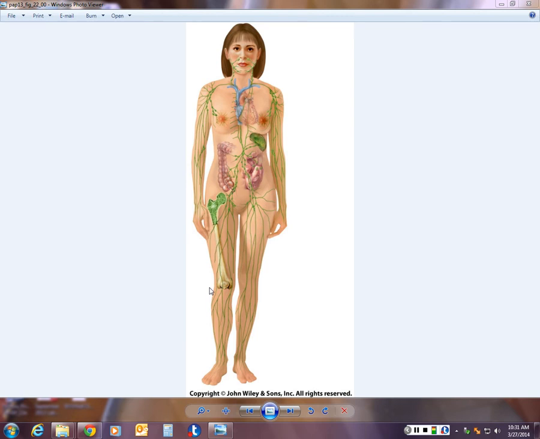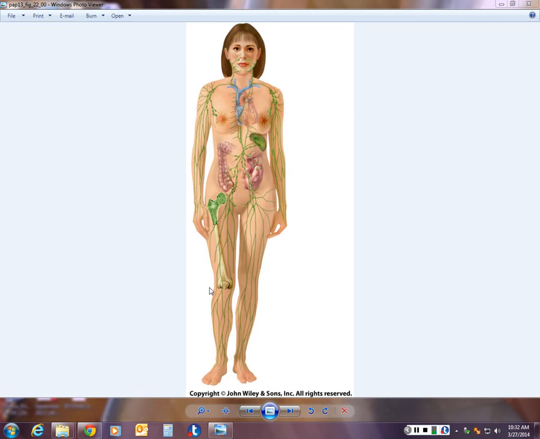Well, the reality is you will filter out or dump more fluid into the interstitial fluid than you will reabsorb back into the capillary. And because of this, on any given day, on average, about 3 liters of fluid are essentially left behind within the interstitial fluid by this process. Well, the job of the lymphatic system, and its first major function, is to reabsorb that excess interstitial fluid.